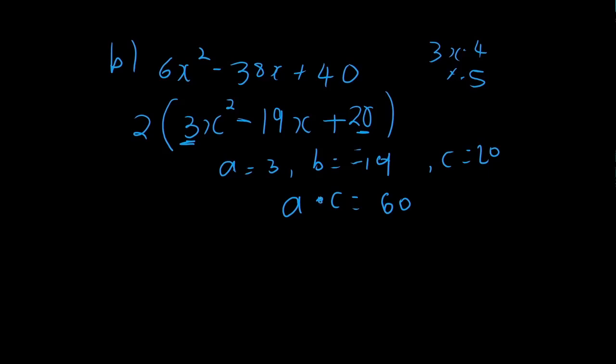So you will take the time, you will list all the factors of 60. For example, remember it's positive 60. So we can use positive 3 times positive 20. So these are now the factors of 60. We can use positive 3 and 20.